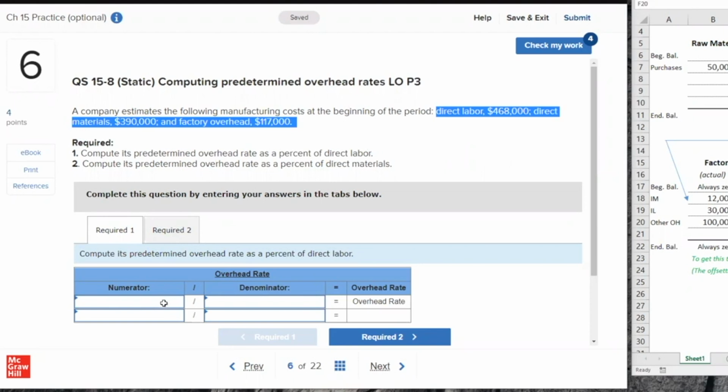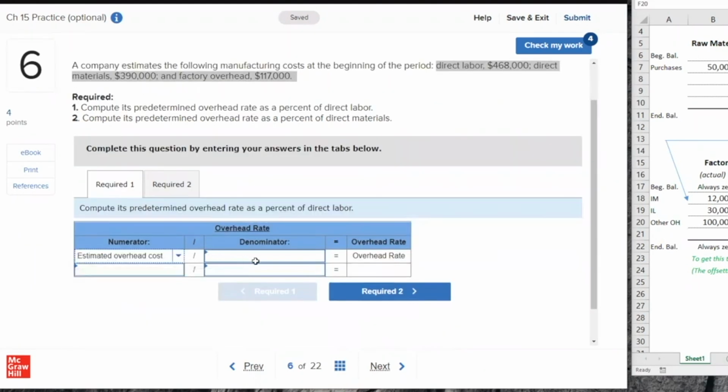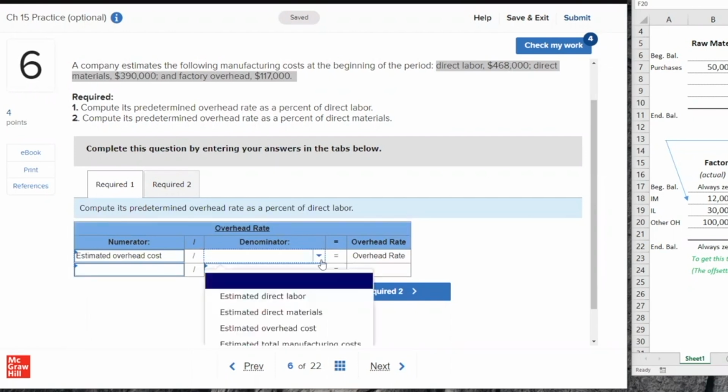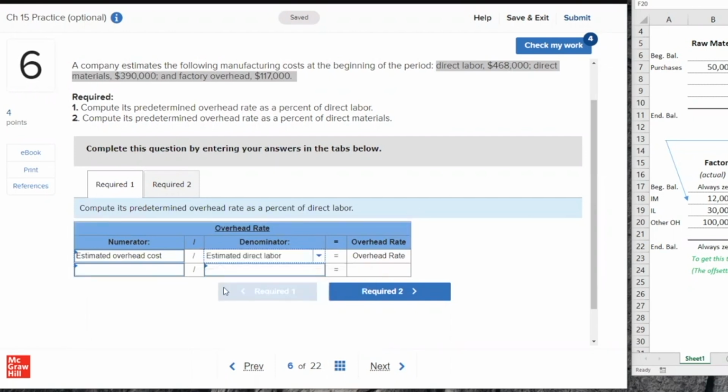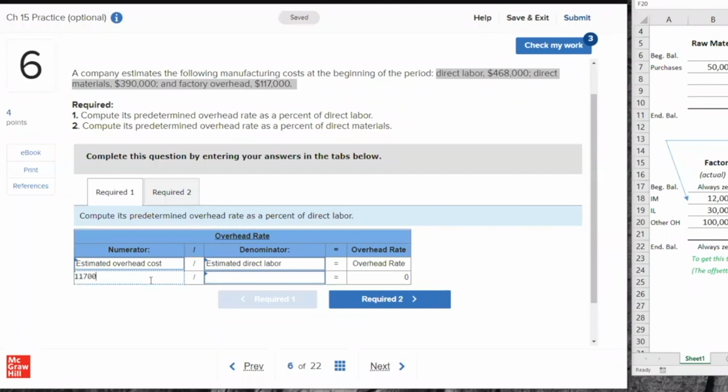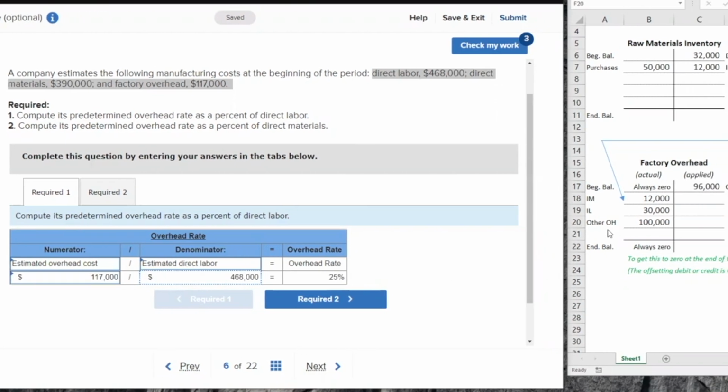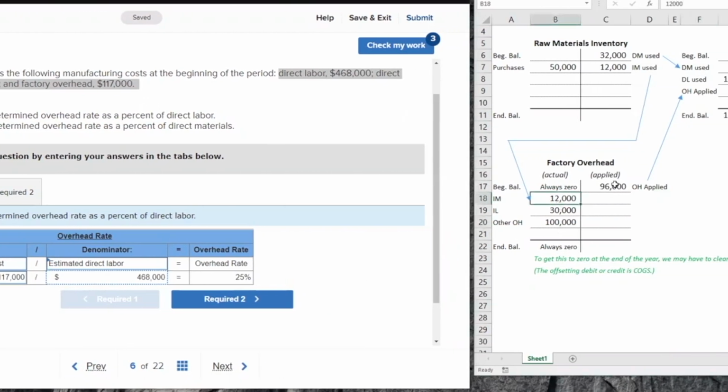The numerator is always going to be the total estimated overhead for the year. And the denominator is going to be, as a percent of, I guess, the total estimated direct labor for the year, 468,000. Basically, what we're going to do during the year is we're going to take out overhead and put it in here.